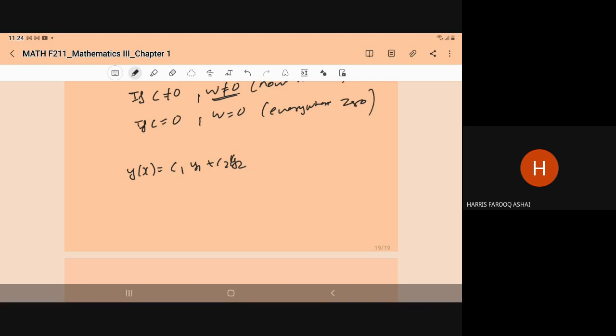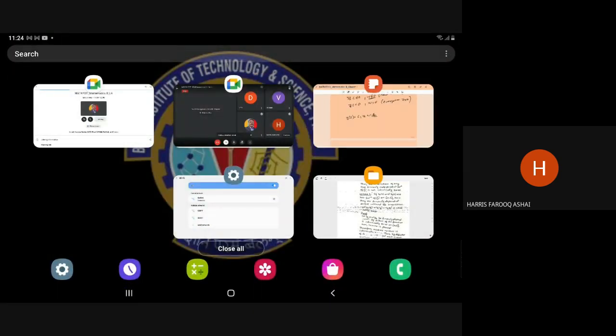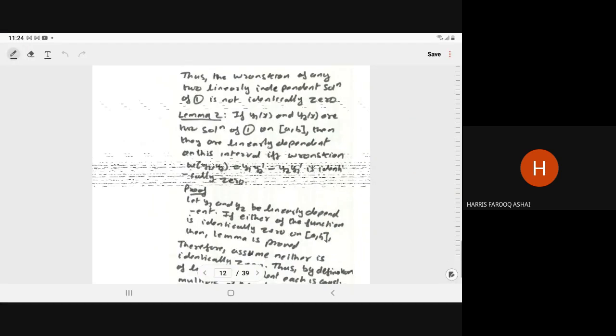The next lemma will prove this. Thus the Wronskian of any two linearly independent solutions of the first is not identically 0.